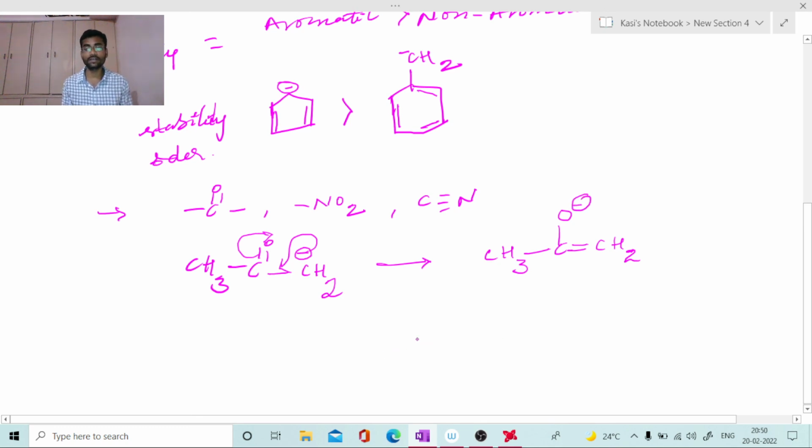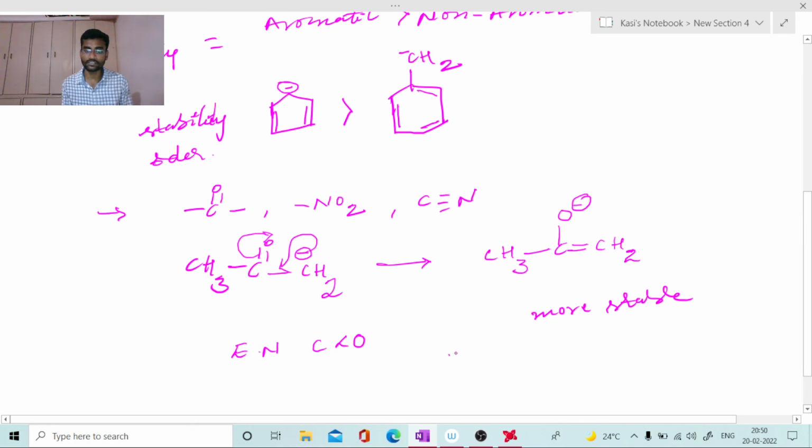In electronegativity order, carbon is less than oxygen. If the negative charge is present on the more electronegative atom, then it will be more stable.